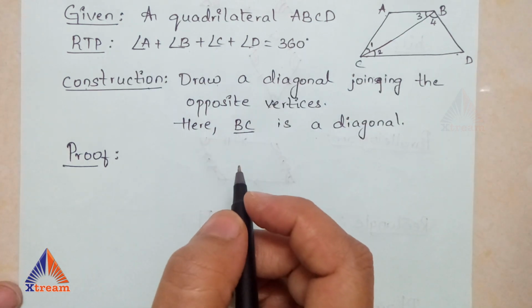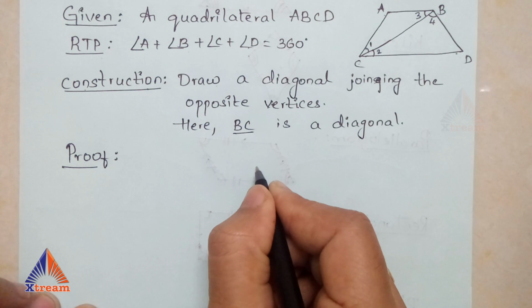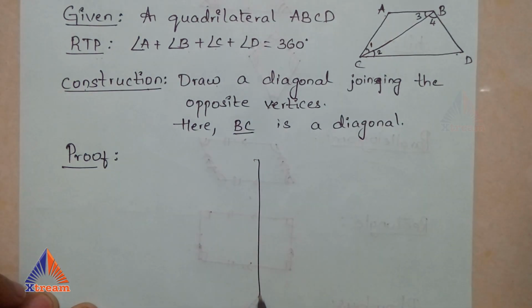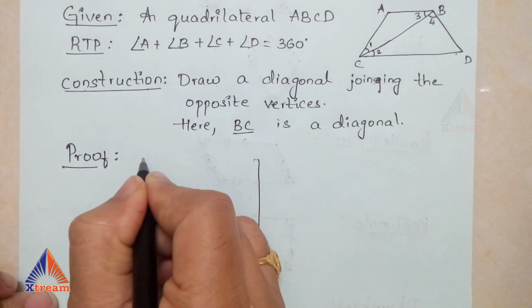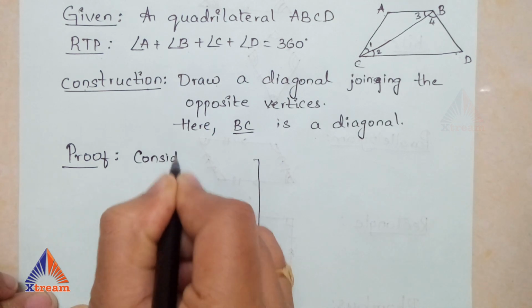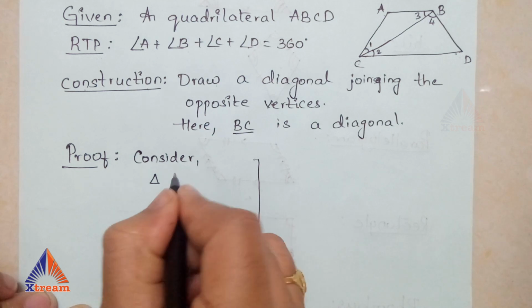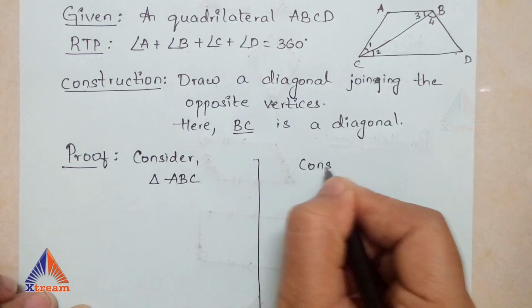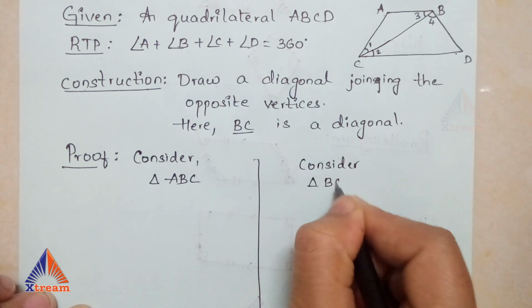So what are we going to do for this? Here I am making a partition. Here I consider triangle ABC. Here I'll consider triangle BCD.